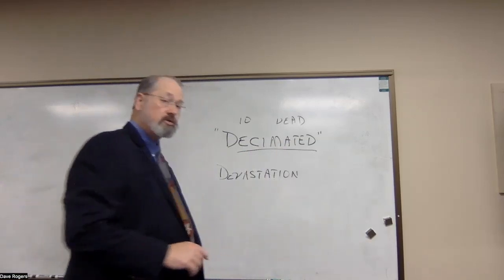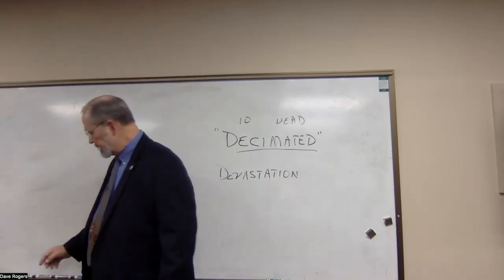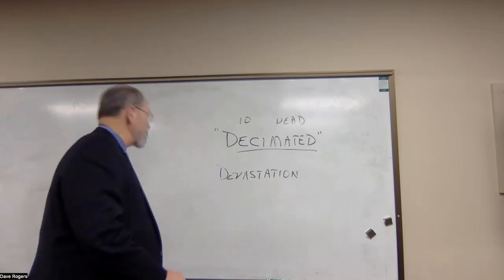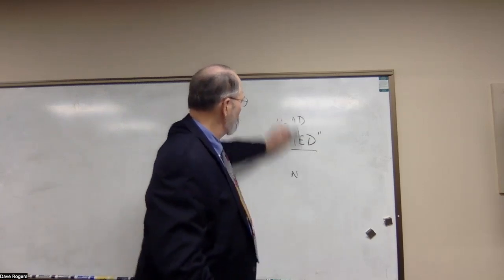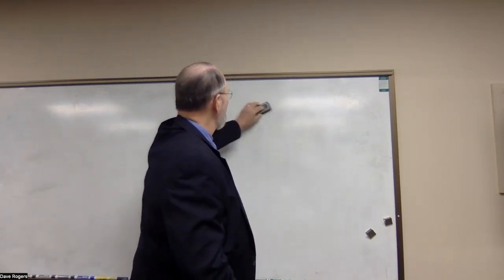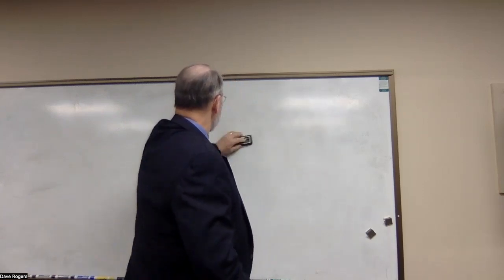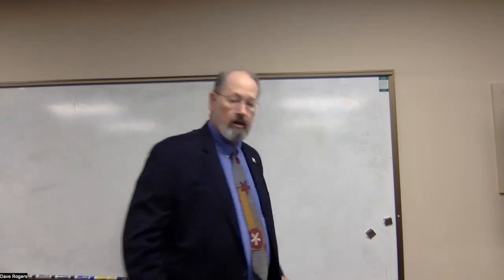Words need to be used correctly in their context. So, when we talk about using words accurately, we're not just talking about sentence structure, we're also talking about even things as simple as word choice.